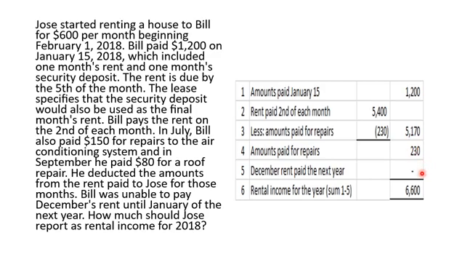Now, the December rent that he did not pay until January of the next year, we do not include in income for 2018. The January 15th payment, which is rent and security deposit, but again, that security deposit is considered last month's rent, so we include it.